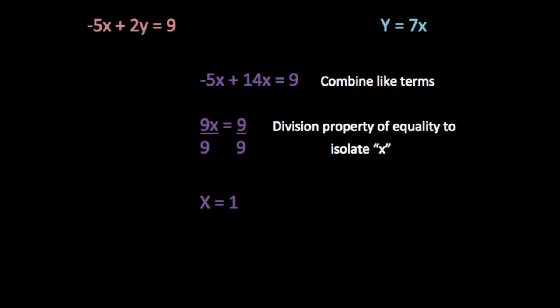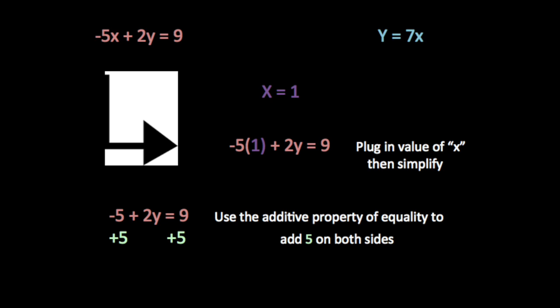Next, isolate the variable x by undoing multiplication by using division properties of equality. 9x divided by 9 equals x. 9 divided by 9 equals 1. Now that we know what x is, we plug it into the original equation of negative 5x plus 2y equals 9. The equation now is negative 5 multiplied by 1 plus 2y equals 9.